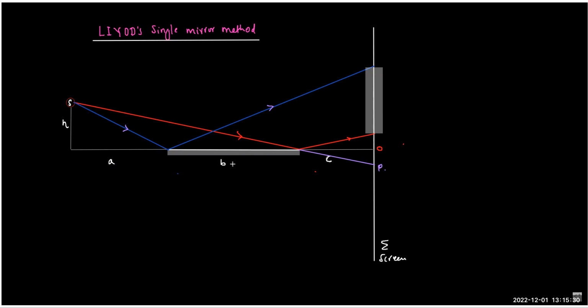So we only look for the reflected part, because wherever the reflected light can reach, in this case, direct light can reach for sure. Yes, sir. And the other region we are not interested in. So this region is called the region of interference.